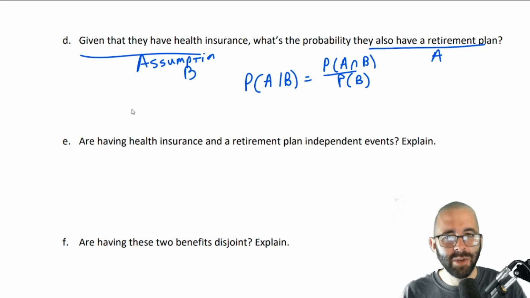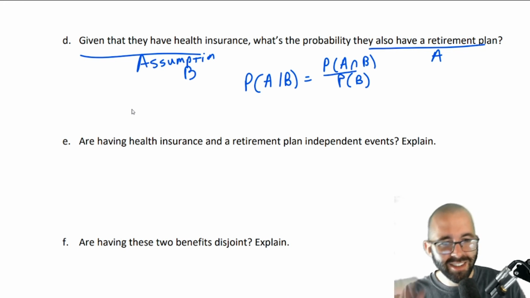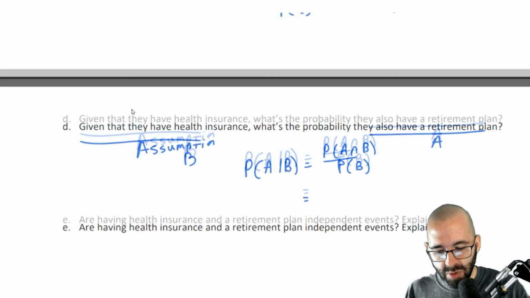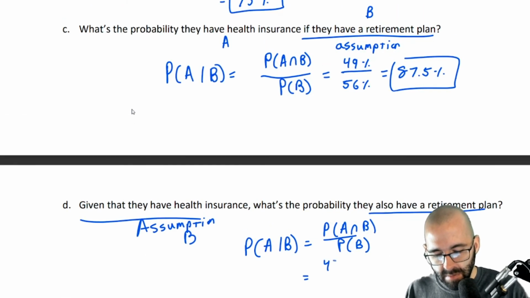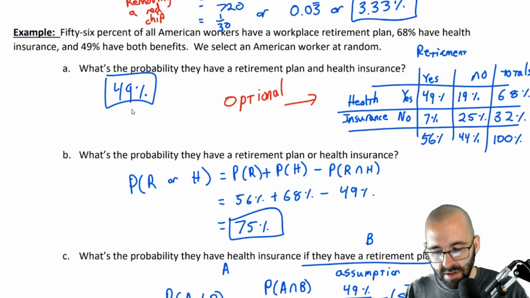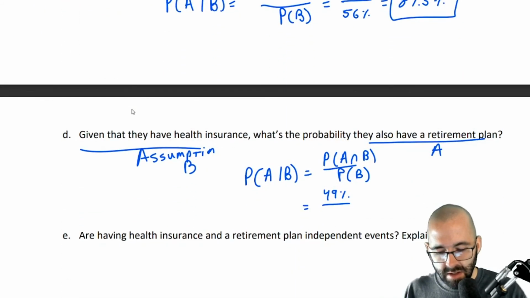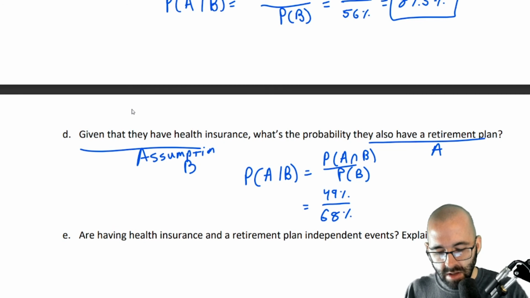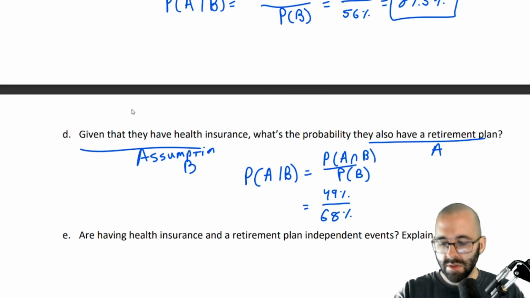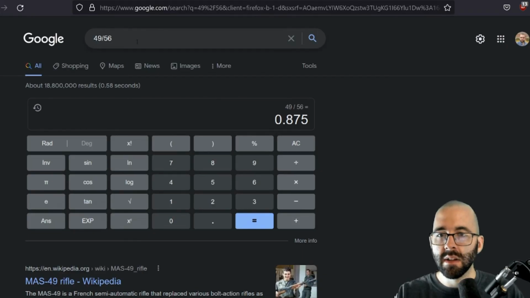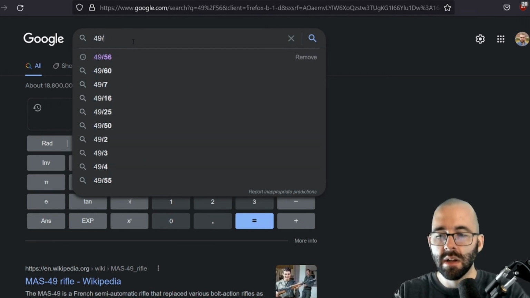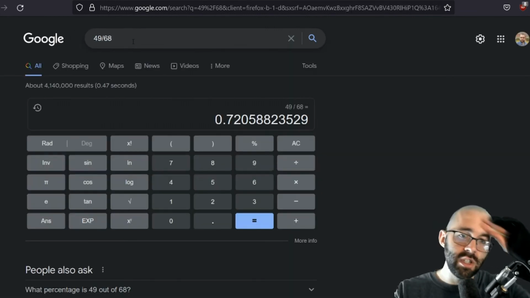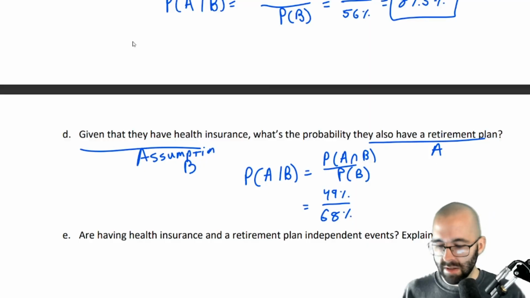It'd probably be helpful if we didn't rename A and B every single letter, but here we are. And again, the probability of both was 49%, divided by the probability of health insurance, which was 68%. And that's going to come out to 49 over 68, which is about 72.06%.